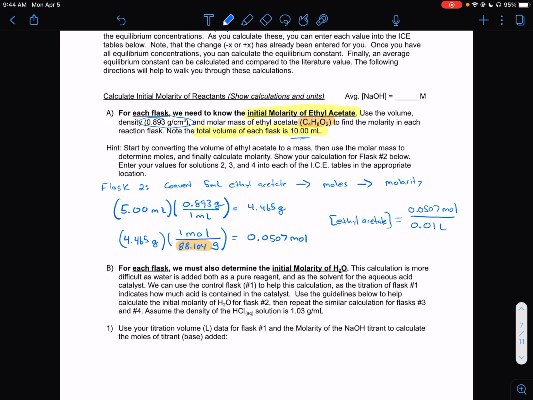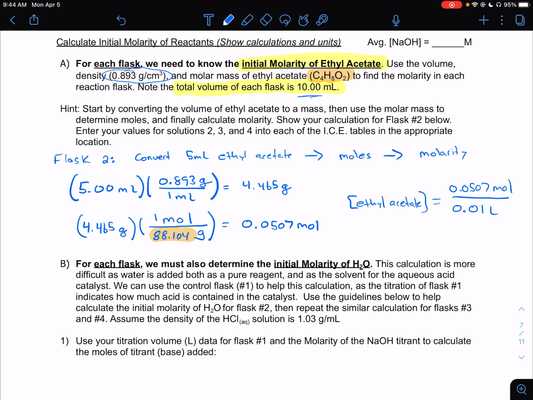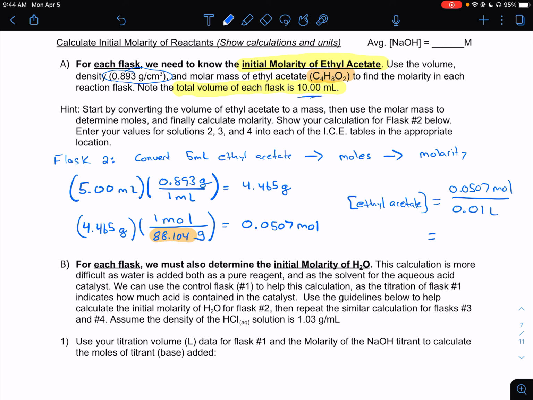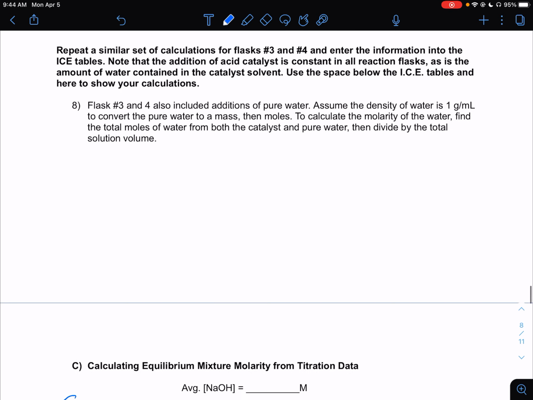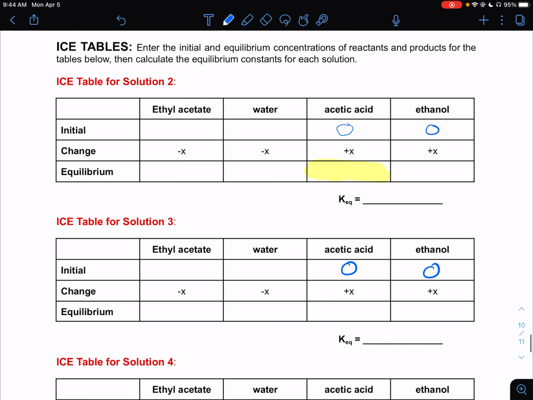What we see from that is the concentration of ethyl acetate is equal to 5.07 molar, and that is for Flask 2. So we can come down to our ICE table down below, and we're going to systematically be filling this out. We see our initial concentration is 5.07 molar.